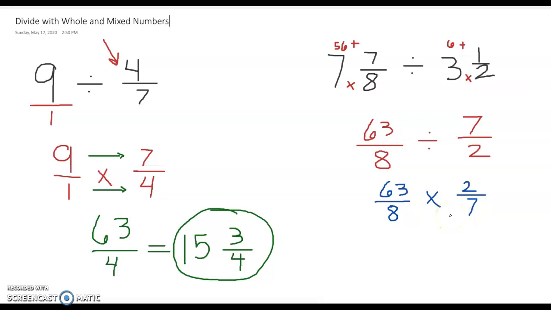Okay? Once again, can we cross cancel? This time, yes. We can cross cancel on both of them. Okay? Because 7 goes into 63, and then 2 goes into 8.